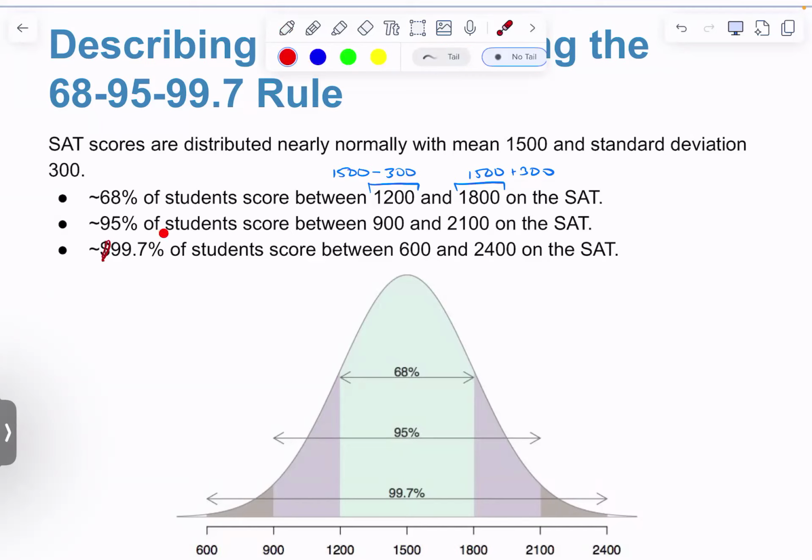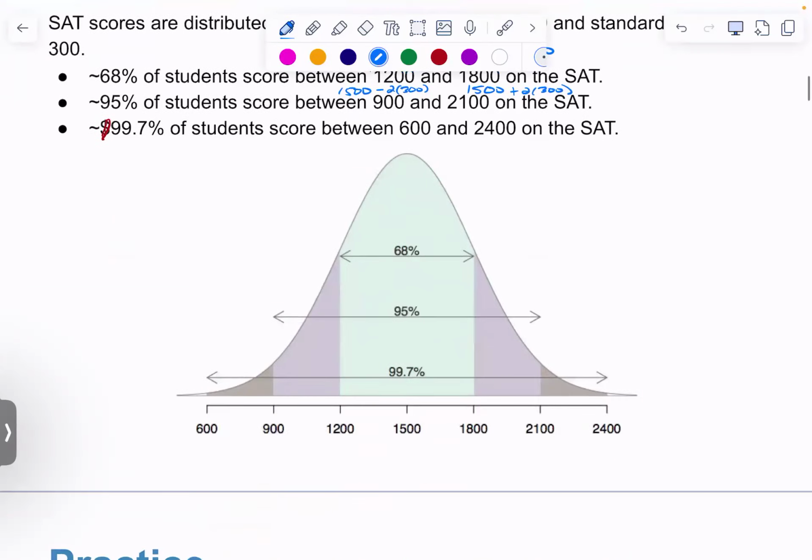Doing the same thing again, but going down another standard deviation and up another standard deviation. This is going to be from 1,500 minus 2 times 300 to 1,500 plus 2 times 300. Or just from the previous one, just go down another one, go up another one. And so on and so forth. You can map out, right? The central 68% are between 1,200 and 1,800.